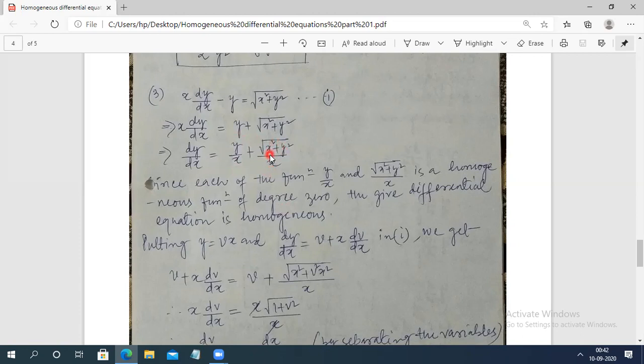Or each term in the numerator has degree 1 and in the denominator also 1, so y by x is a homogeneous function, and root over x square plus y square by x is again a homogeneous function of degree 0.